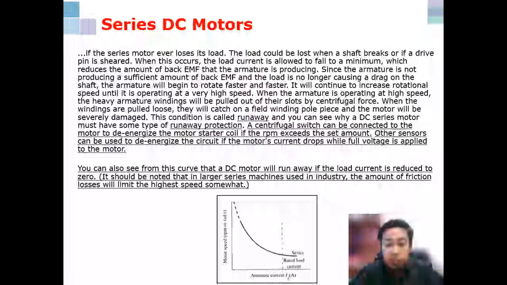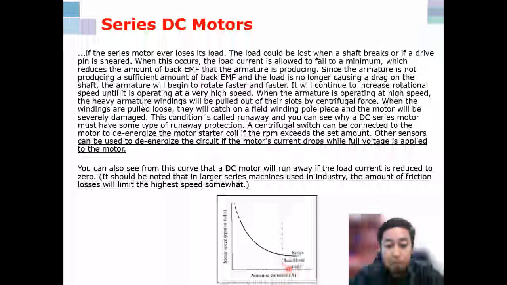If you read the second sentence, the load could be lost when the shaft breaks or if a drive pin is sheared. Once this occurs, you can see from this graph that the current will fall to the minimum.